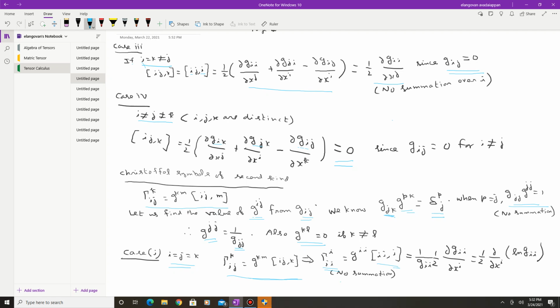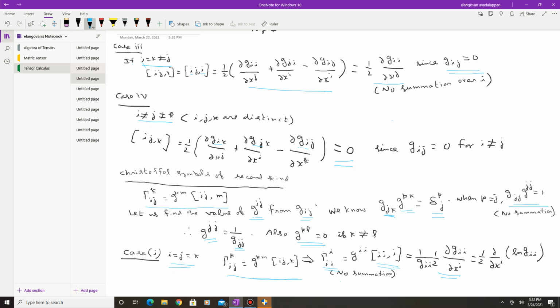So the second kind can be expressed in terms of the first kind. But these Christoffel symbols of the first kind we have already evaluated. This is equal to half times partial derivative of g_ii with respect to x^i. You substitute the value, and this result becomes half times partial d by dx^i of the remaining part, which will be the logarithm of g. So if you differentiate, you will get this expression. From this expression, it can be expressed like this.